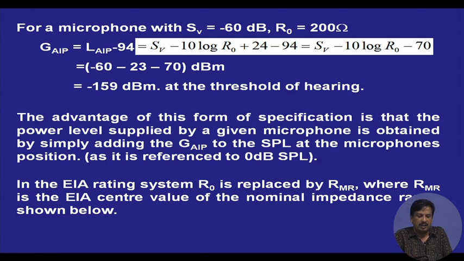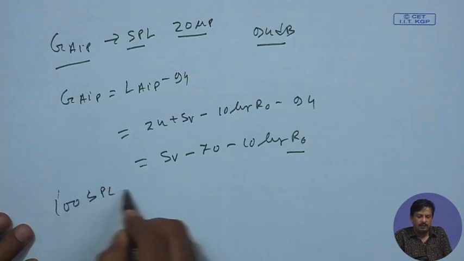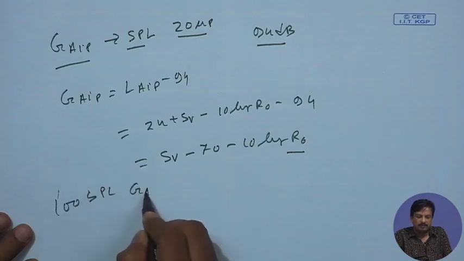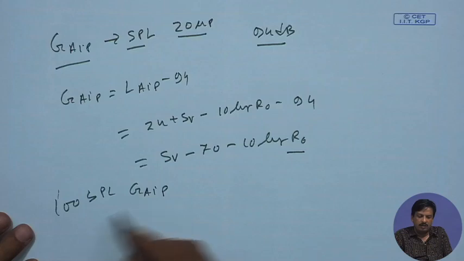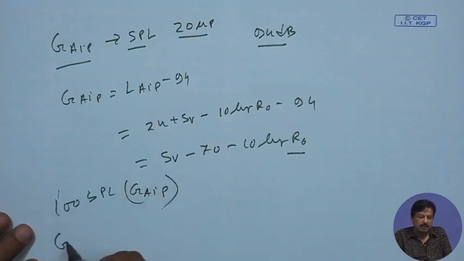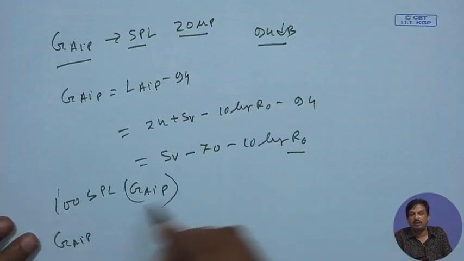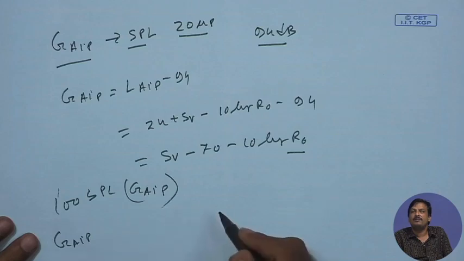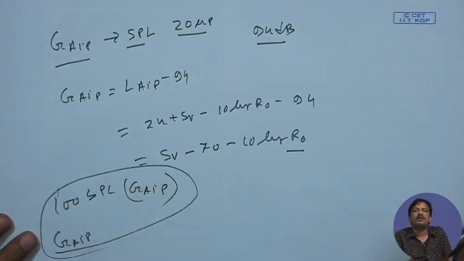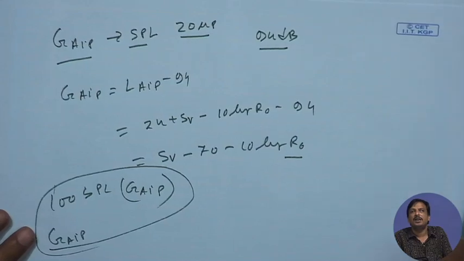Suppose the GAIP is given at 100 dB SPL; I should simply subtract that difference, so it is 94 dB versus 100 dB. Okay. So, that is why we always express the power sensitivity in GAIP.